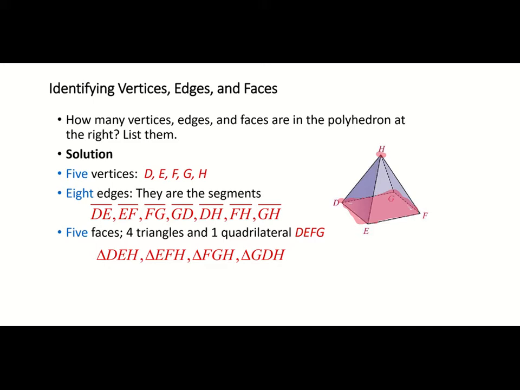And we're going to identify our vertices first. We have 5 of them, and those are D, E, F, G, and H. Vertices again are where the edges come together.